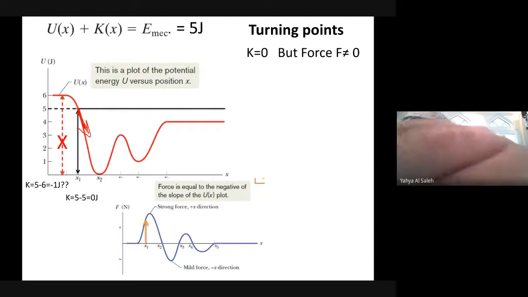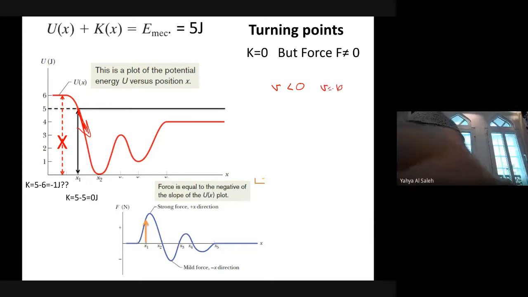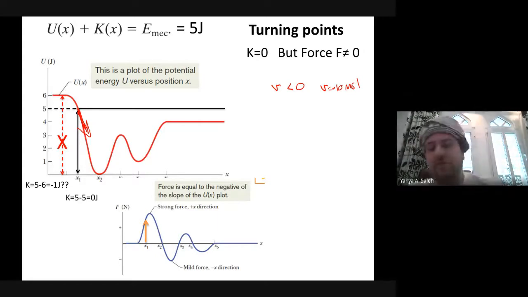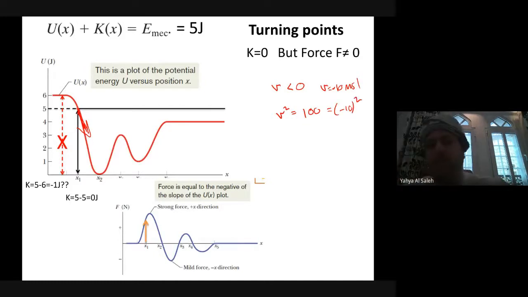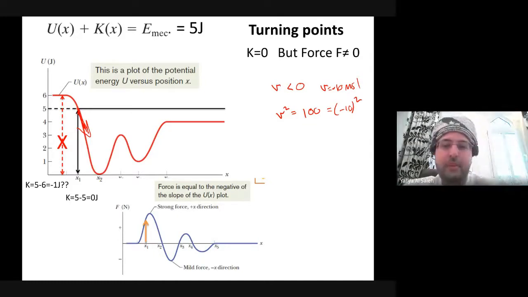Now, there's no problem with having a velocity which is more than 0 or less than 0. If my velocity is minus 10 meters per second, that is not a problem. I'm going 10 meters per second in the reverse direction. But then my V squared is still equal to 100. Minus 10 squared is still 100, still a positive number.